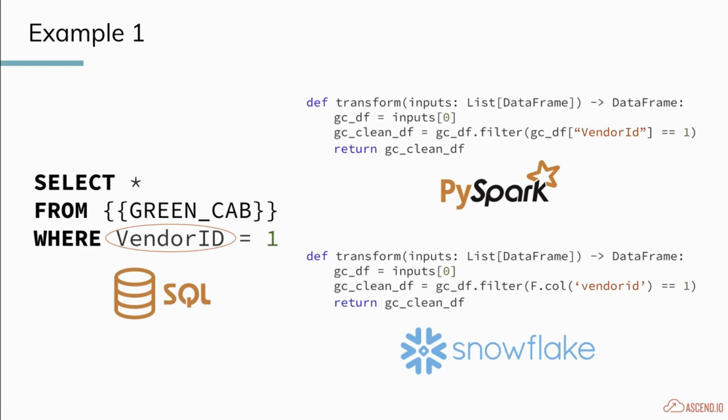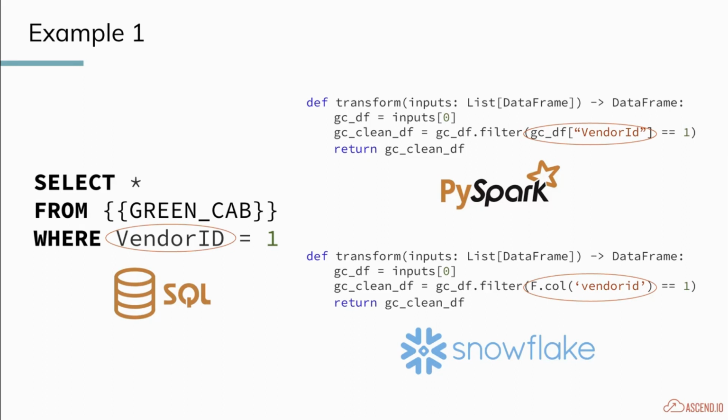So on the left, we're filtering on vendor ID, a column. And on the right, you'll notice that this is how you might approach it by calling the column there, right? You can call it in multiple ways. You can use F.col. In this case, F is just referring to the PySpark SQL functions or Snowpark functions. That'll be a library that you pull in. But just for the sake of space, we have it like that. This will also be the convention by which things are done.